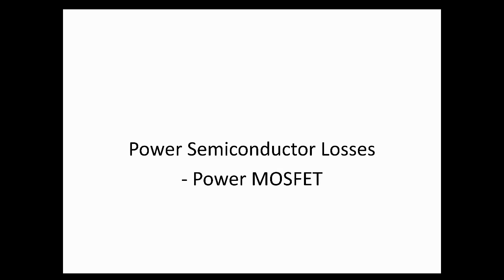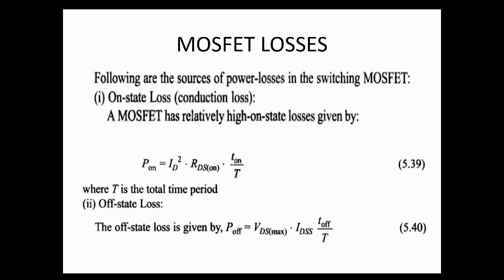Because of this switching, you're going to have losses in this device. How do we calculate these losses? That's going to be the focus of this section of the lesson.